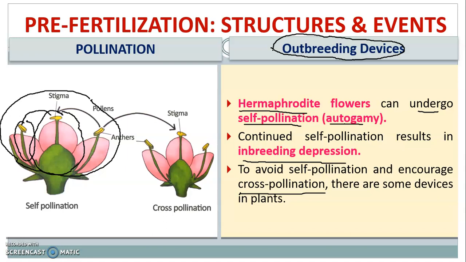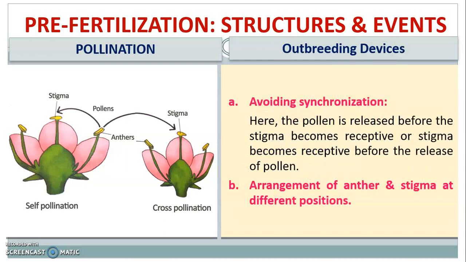Similarly, self-pollination and inbreeding represent the same thing. Fine. There are various mechanisms which avoid inbreeding depression, which means which encourage cross-pollination.